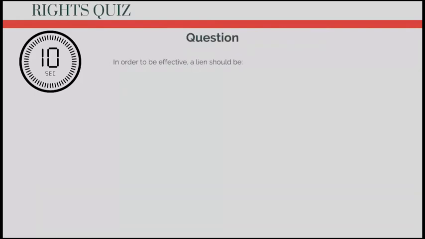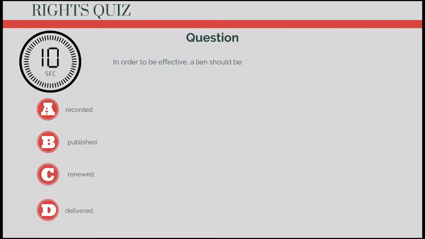In order to be effective, a lien should be A. Recorded, B. Published, C. Renewed, or D. Delivered. The answer is A. Recorded.